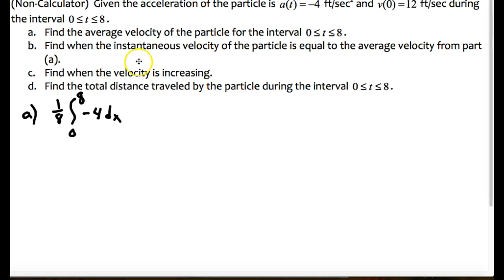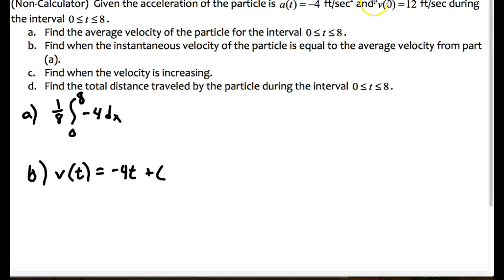Then B, find when the instantaneous velocity equals the average velocity. So we're going to get a value for this. Right? So I do want you to find that value on your own. So then part B, we want to find the instantaneous velocity. Okay, well, instantaneous velocity is the antiderivative of acceleration. Right? So if a of t equals -4, v of t will be that antiderivative. So that would be -4t plus c, right? But we're given this initial value.